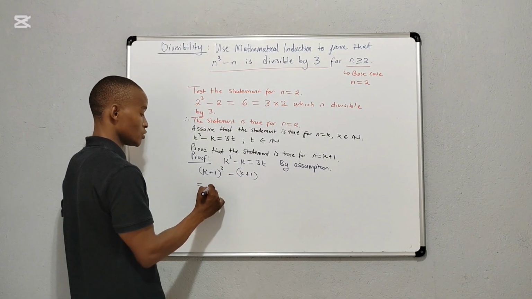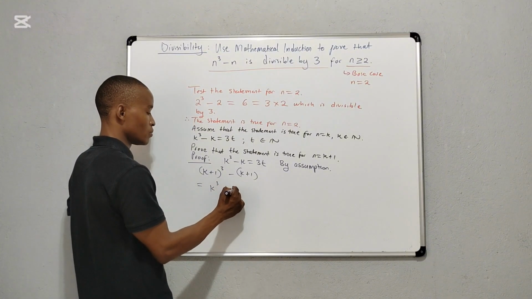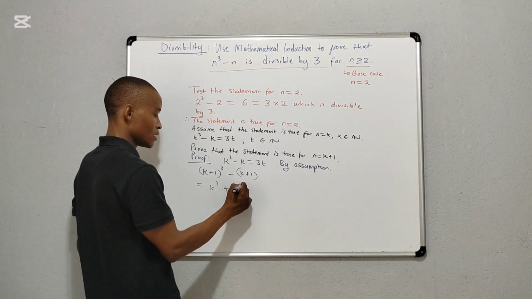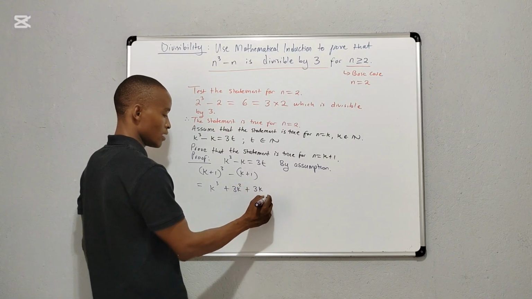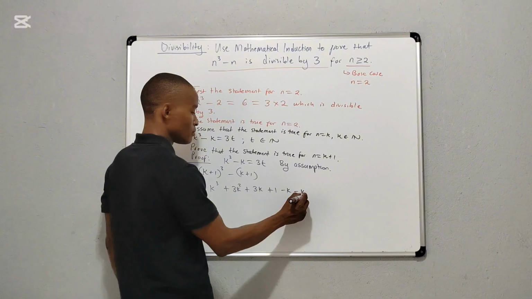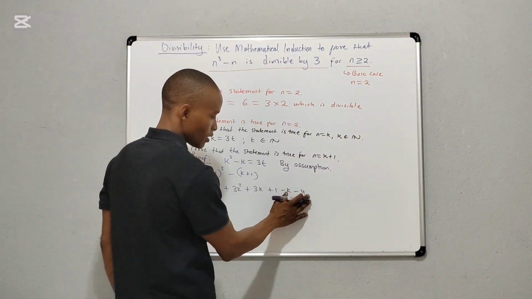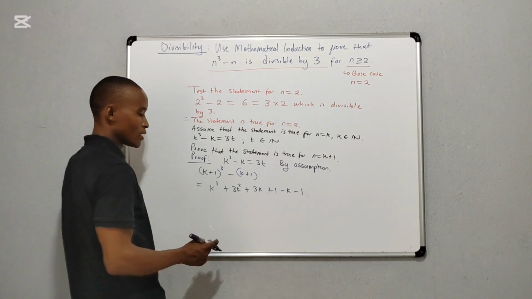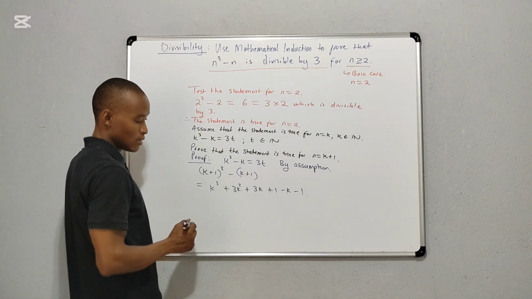This will be equal to k cubed plus 3k squared plus 3k plus 1 minus k minus 1, minus 1 if you distribute that, okay.